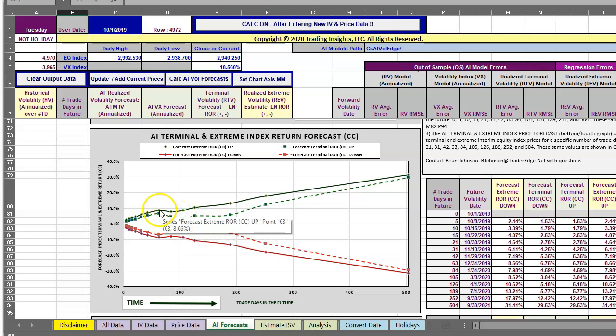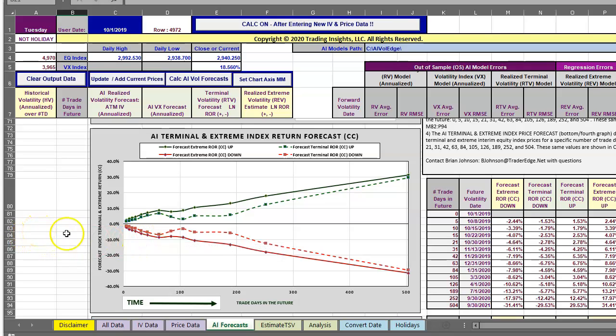The solid lines are the extreme levels of volatility. Using that, we can go however many trading days we would like into the future, and we can see the expected price change of the underlying index, the maximum expected price change over the interval, and the expected price change at the end of that time period, all shown for each one of the trading days into the future.